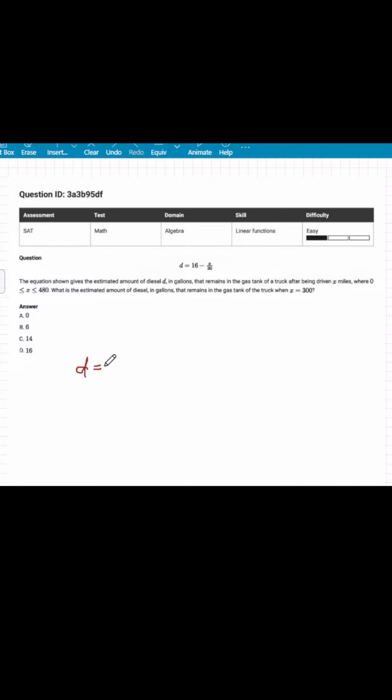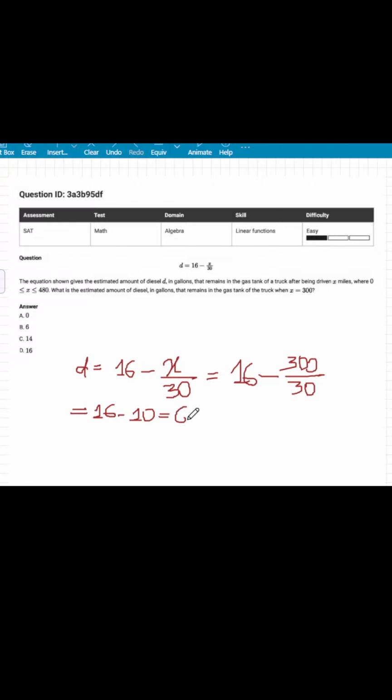So d will be equal to 16 minus x by 30, and x is 300. That is, if the truck has already been driven for 300 miles, so 16 minus 300 by 30, that will be equal to 16 minus 10, which will be 6, so 6 gallons.